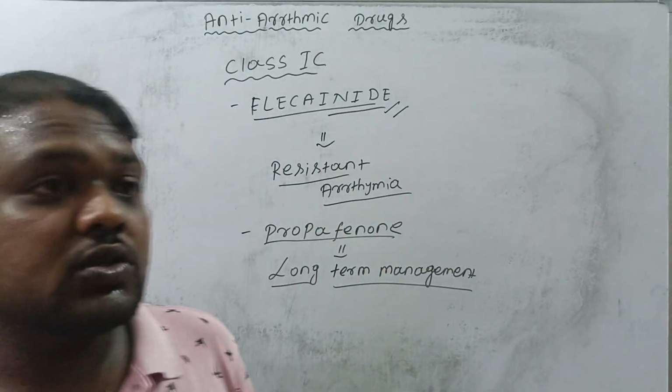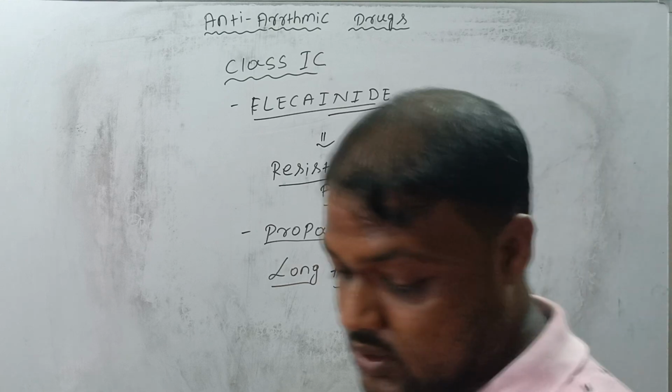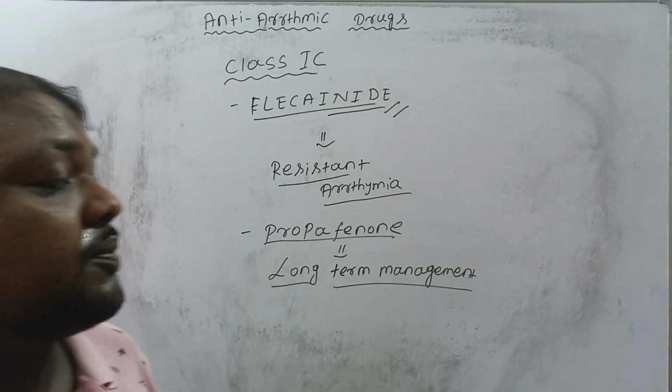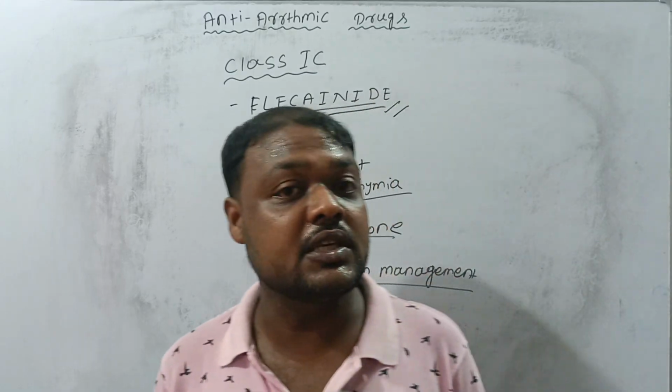Remember carefully this point I am talking about here, because it is much more important from your exam point of view. The pharmacology topic is based on pharma and biochemistry, so listen carefully.